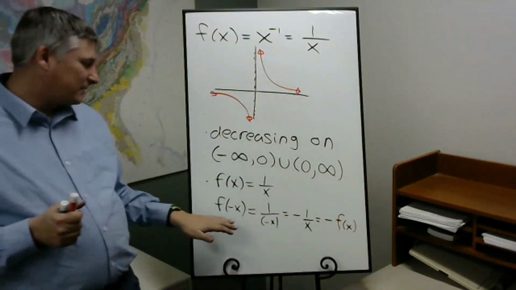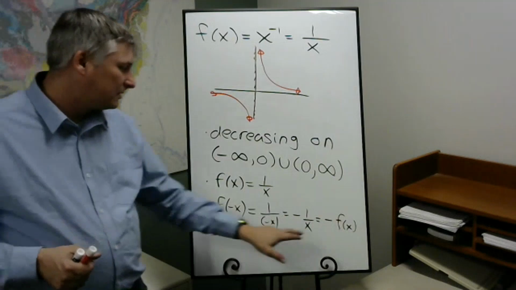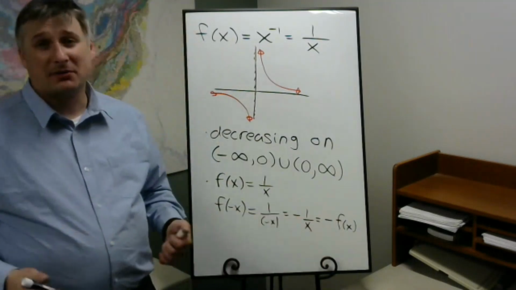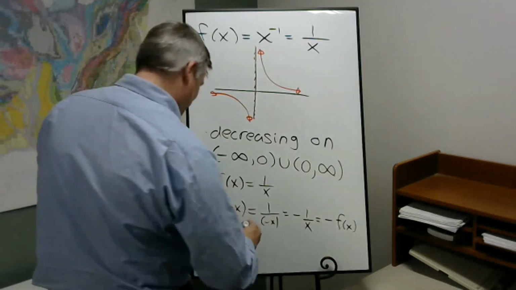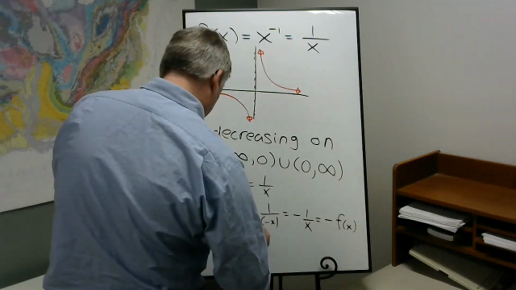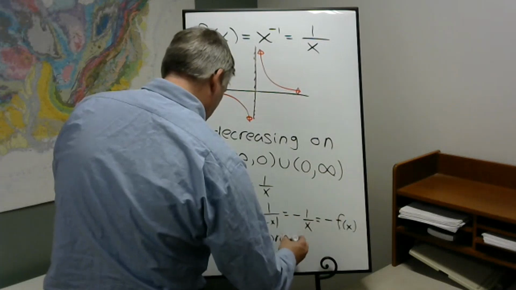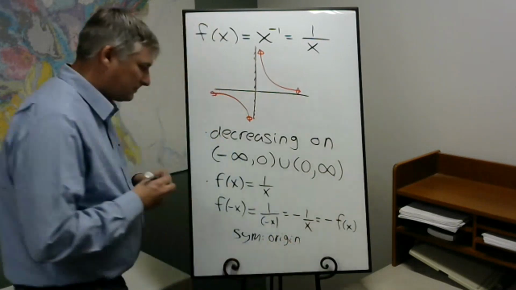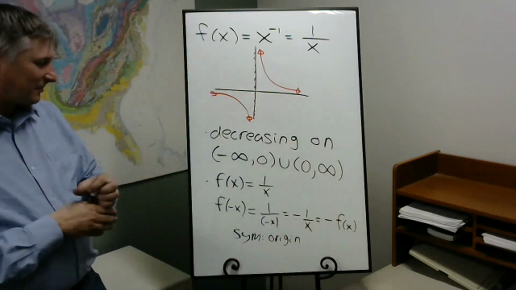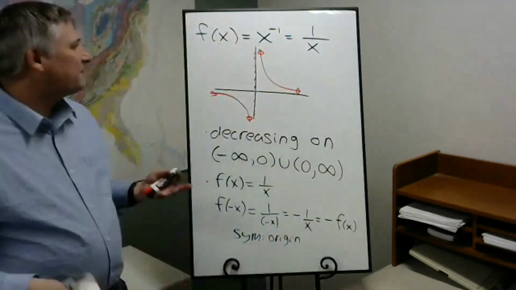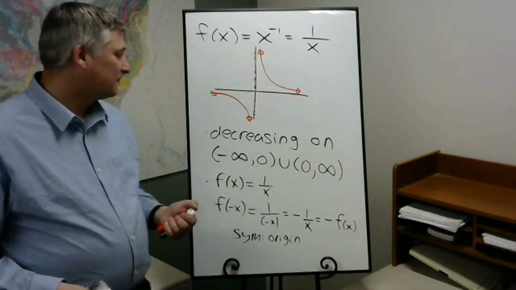So this one here, you put in negative x, the negative is going to come on through. So this means we're symmetric about the origin. So that's f of x equals 1 over x.